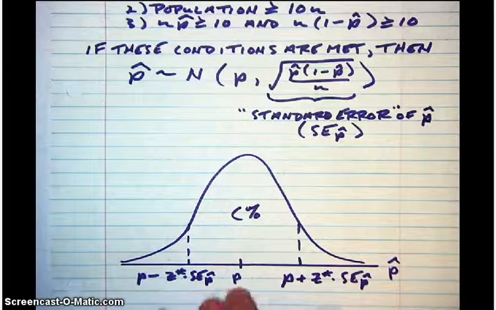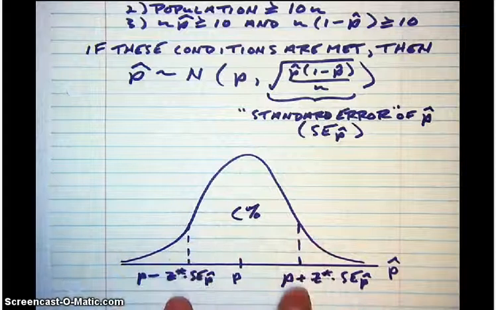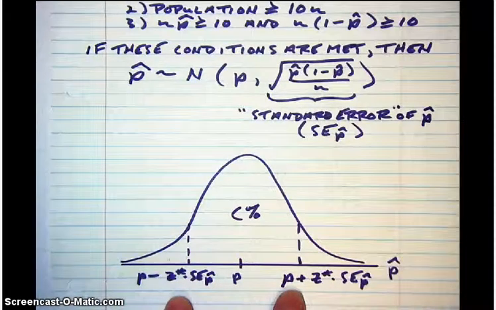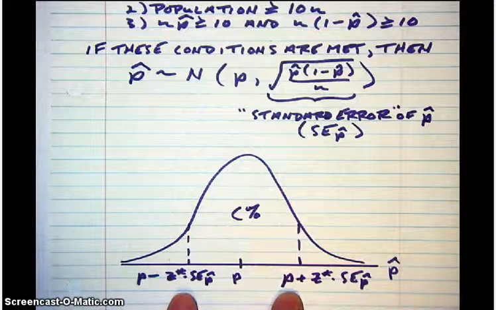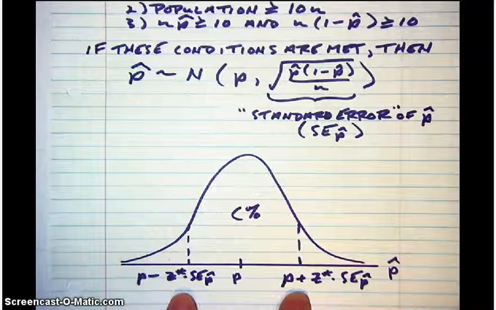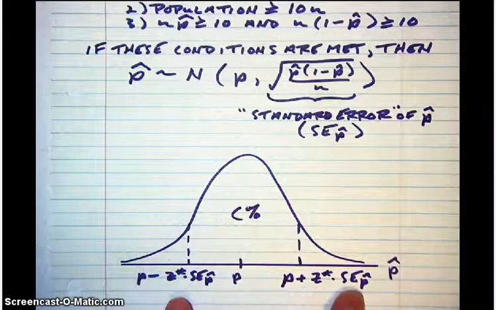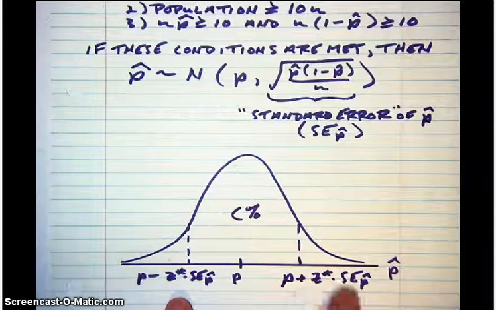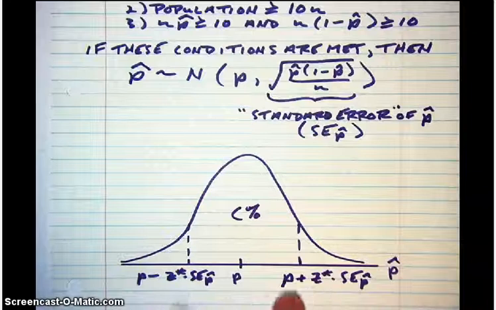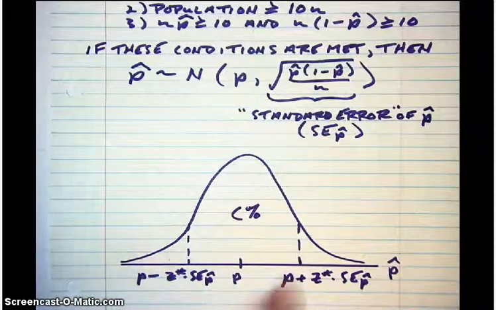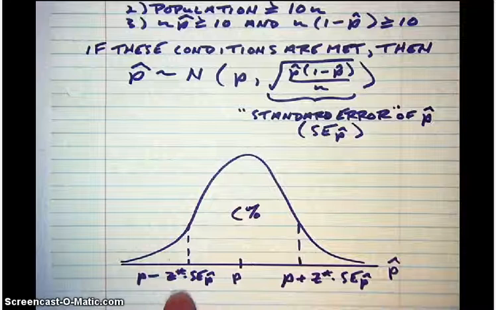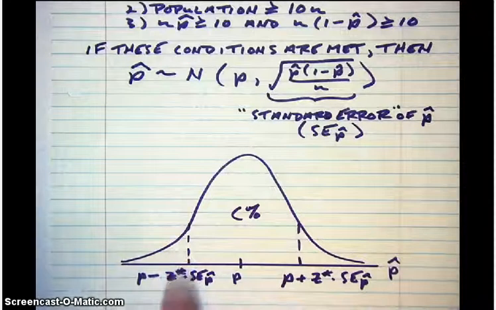And to capture C% on either side of p, the center of that distribution, we have to go out z star times the standard error of p hat on either side. This tells us how many standard deviations to go, the z star, and then this tells us what the standard deviation is. So that's what we have to add on to p to get the right boundary of this area, and we have to subtract that from p to get the left boundary of that area.